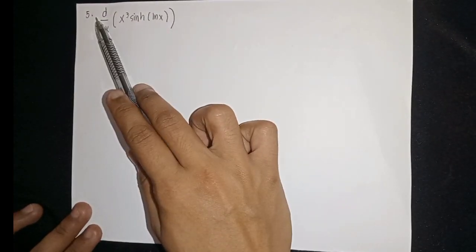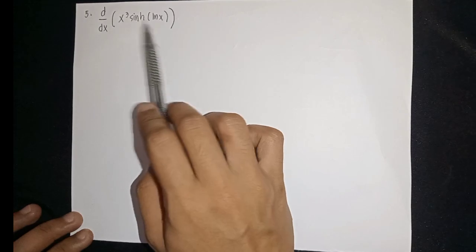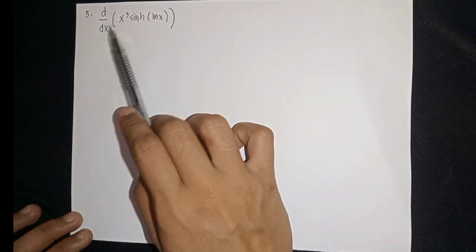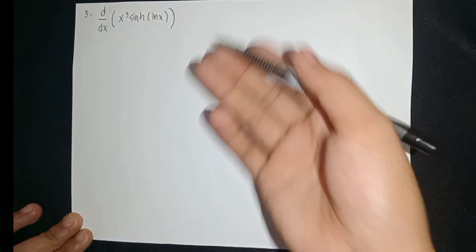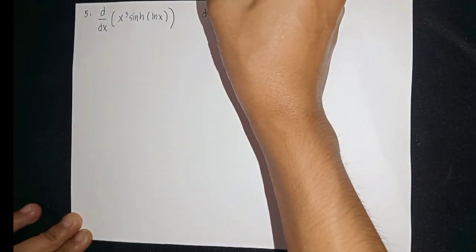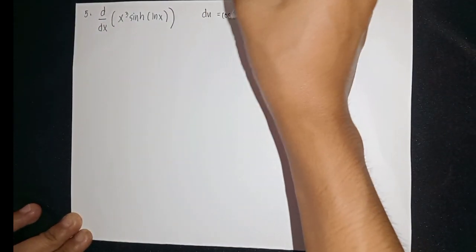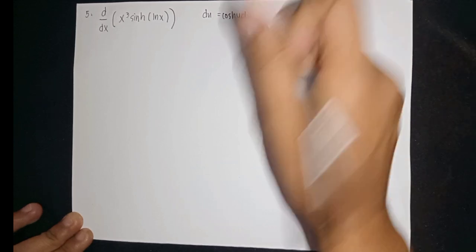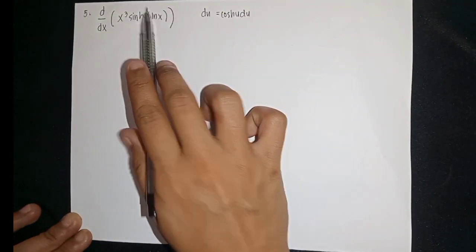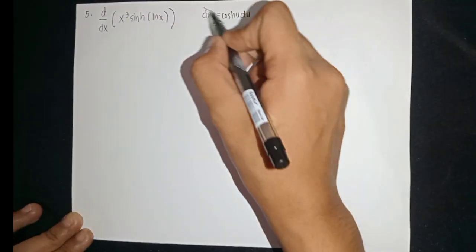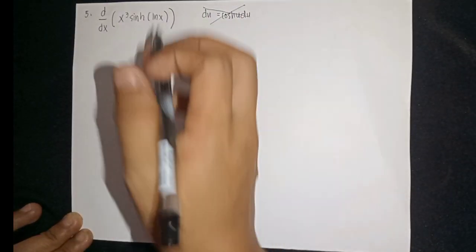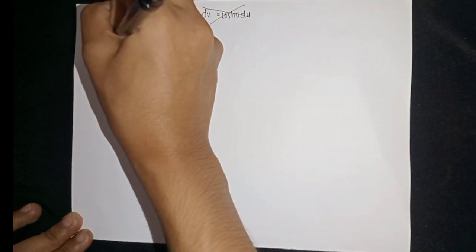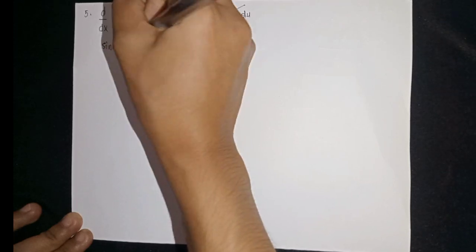For number 5, we have the derivative of x cubed sinh of ln x with respect to x. Some of us are wondering if we can still use the formula of the derivative of sinh u equal to cosh u du. Sadly, we cannot use this formula because we are dealing with hyperbolic functions.